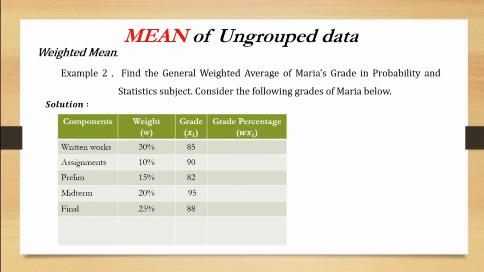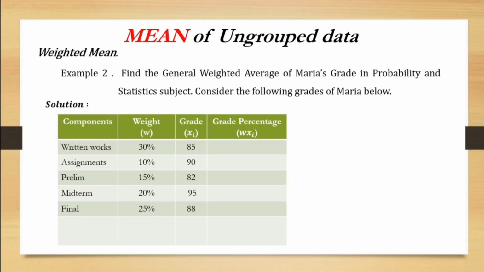And each component has a corresponding weight, shown in the second column: written works is 30%, assignments 10%, prelim 15%, midterm 20%, and final 25%. In the third column is the grade of Maria in each corresponding component. For the written works, 85, assignments 90, prelim 82, midterm 95, and final is 88.